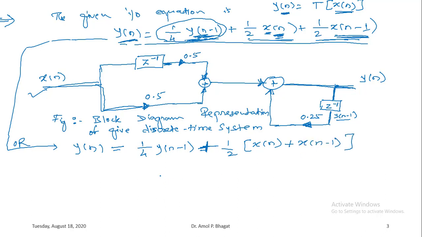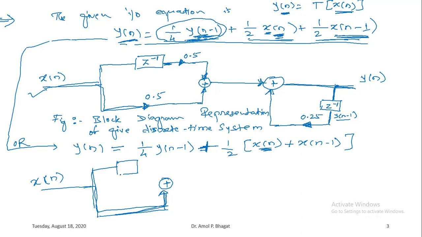Now if I want to realize the discrete time system using this equation, the input is again x of n, and this x of n is directly added here as it is. Here it is added with the delayed version of x of n, that is x of n minus 1.